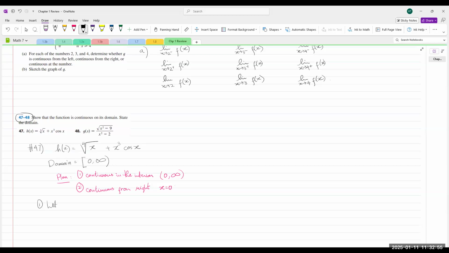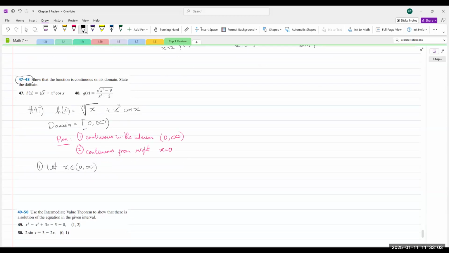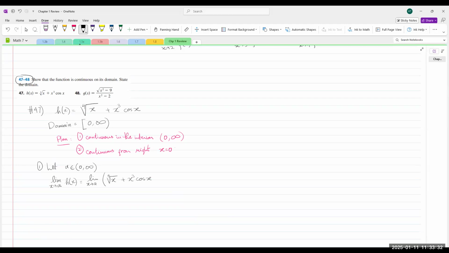Let x be an element in the interior. You choose any point in there. Okay, not x, use a. Now, the limit as x approaches a of h(x) equals the limit as x approaches a of fourth root of x plus x cubed cosine x.